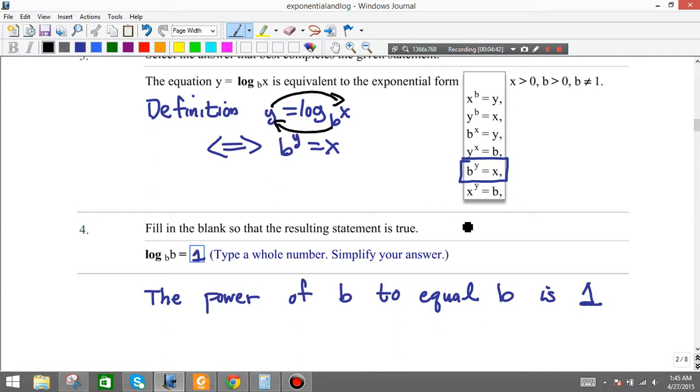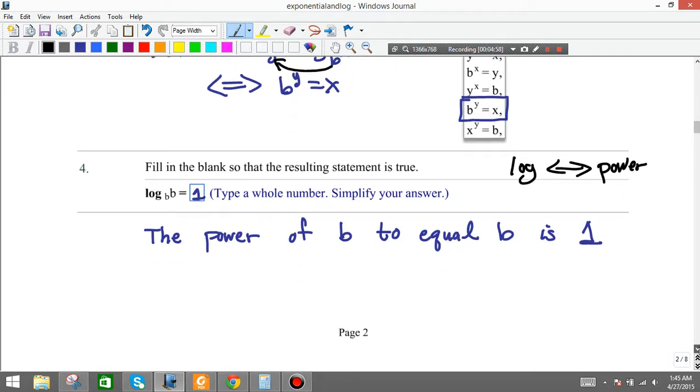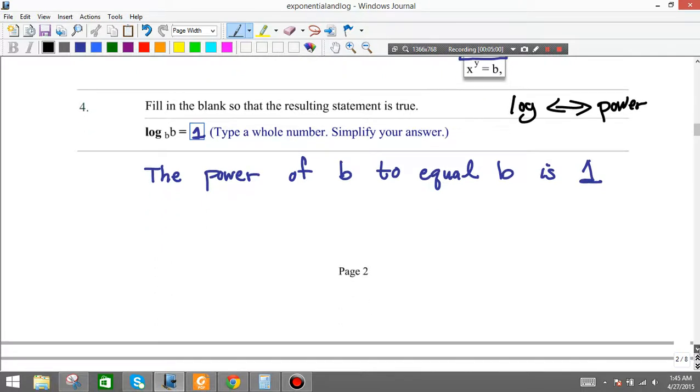So the log is the power, right? And so the question is, what power do you raise b to in order to get b? And b to the first is equal to b. So the log of b to base b is 1.